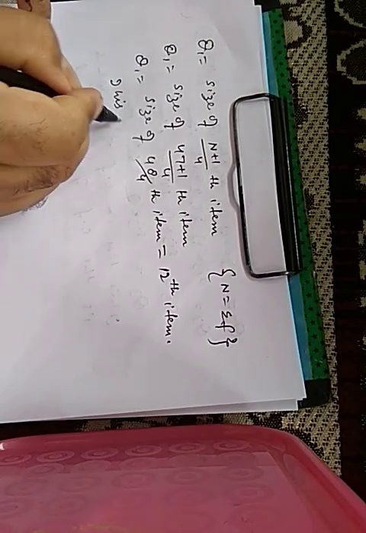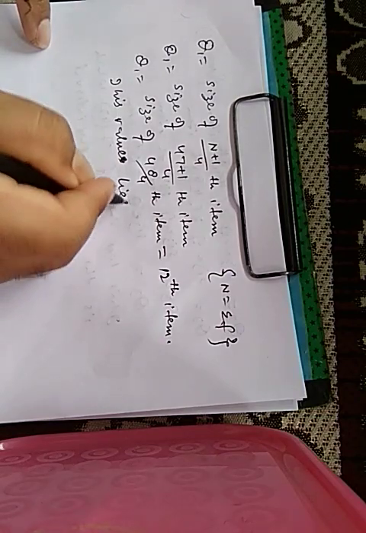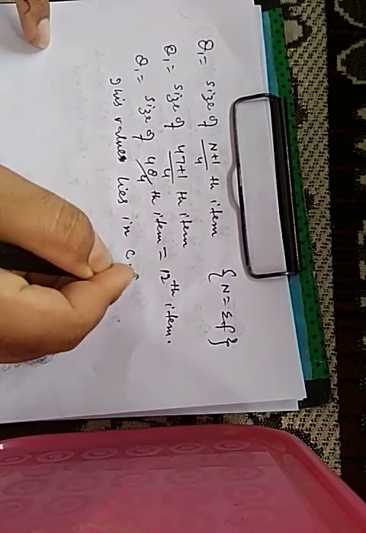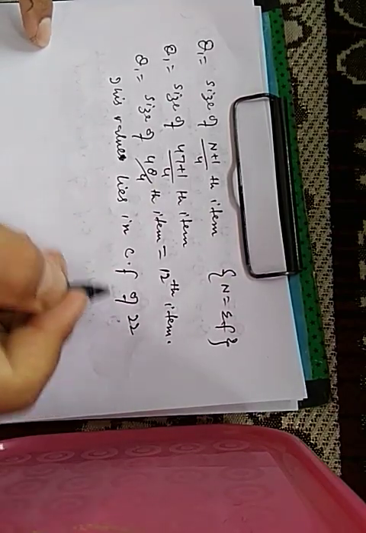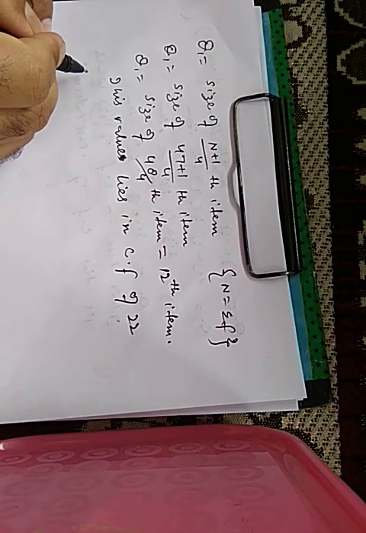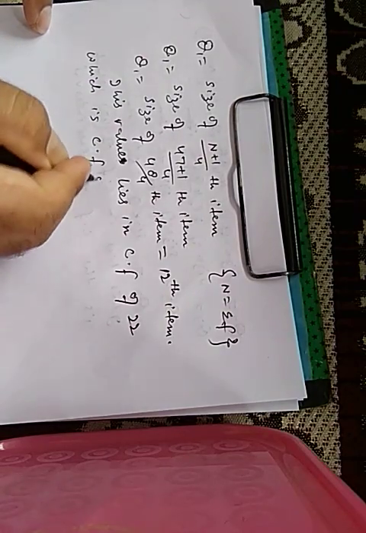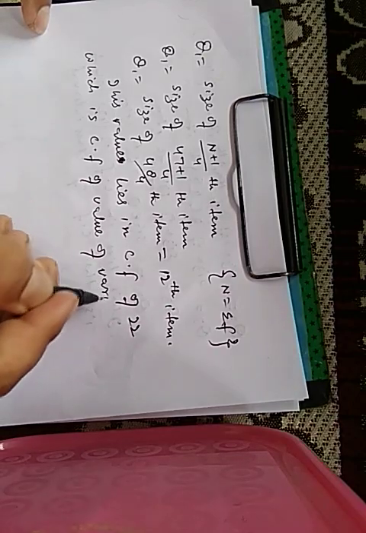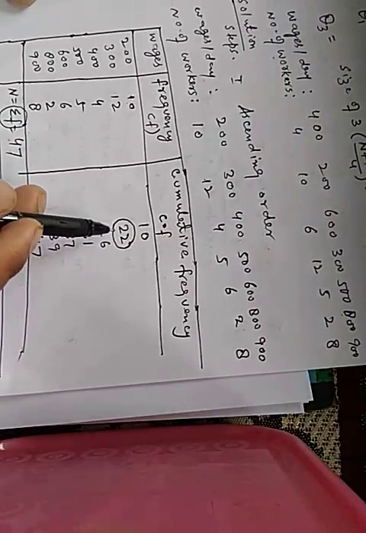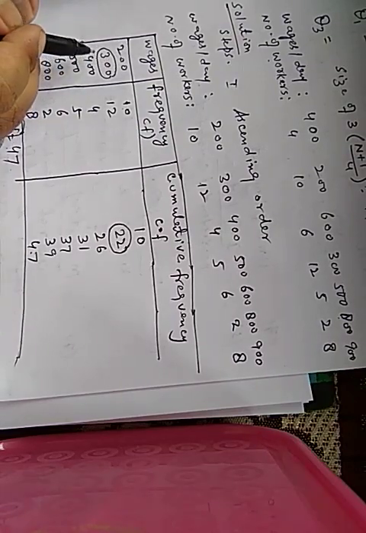This 22 is the cumulative frequency of the variable weight equal to 300.